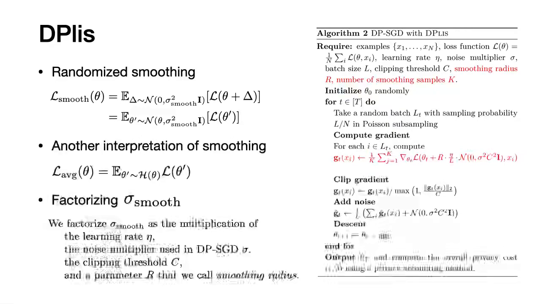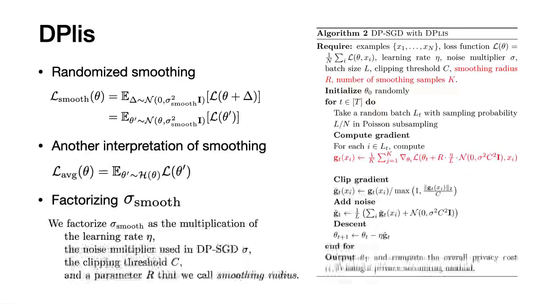That motivates us to factorize sigma smooth as follows. Basically, we consider it the multiplication of a parameter smoothing radius r and the scale of noise reflected on parameters in every step. We will later see how such factorization is beneficial.